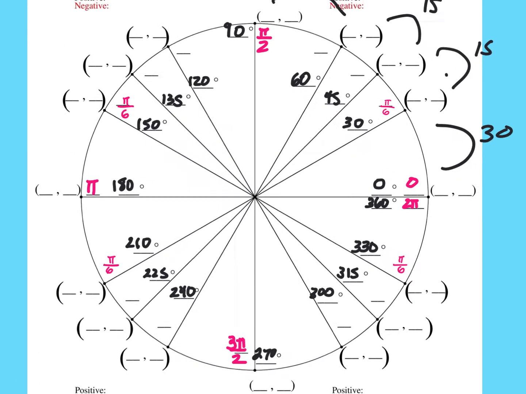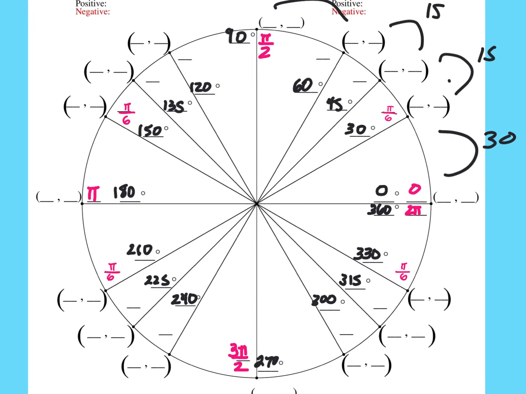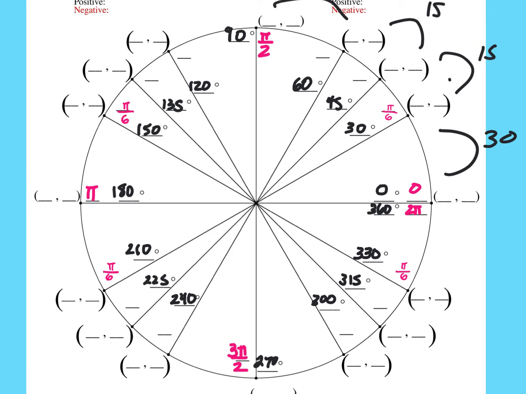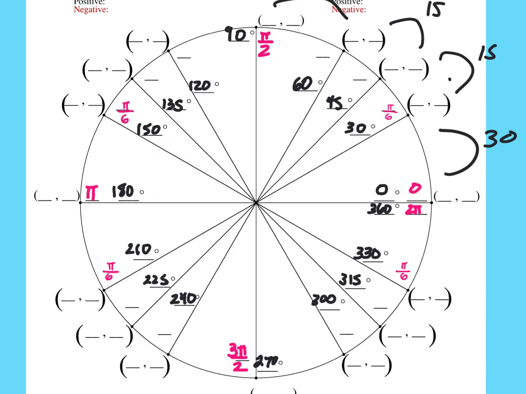The ones closest to the y-axis are over 3s. So pi over 3, pi over 3, pi over 3, pi over 3. And then the in-betweens are over 4s.